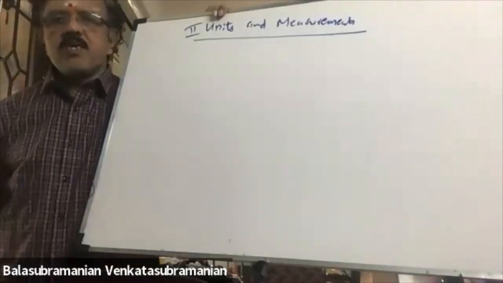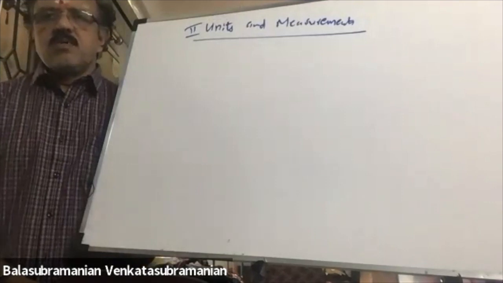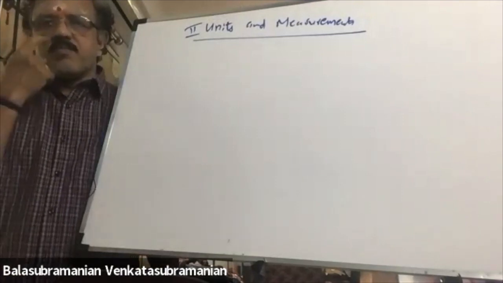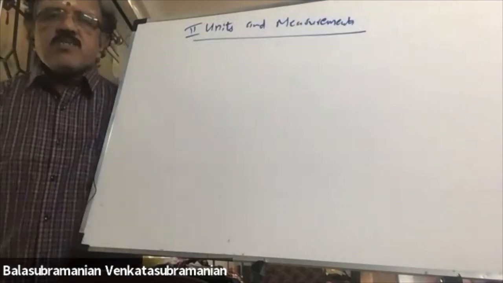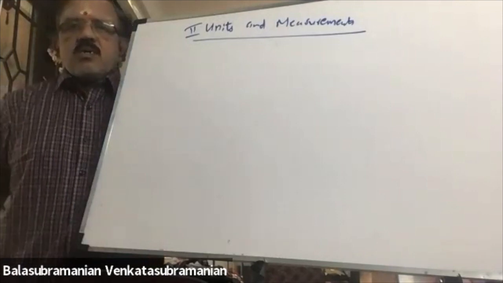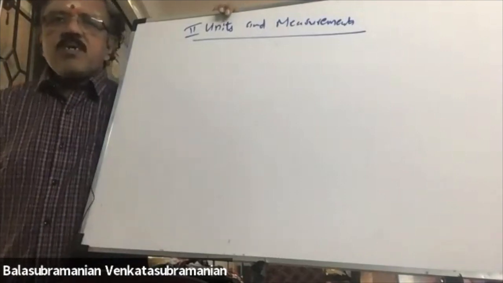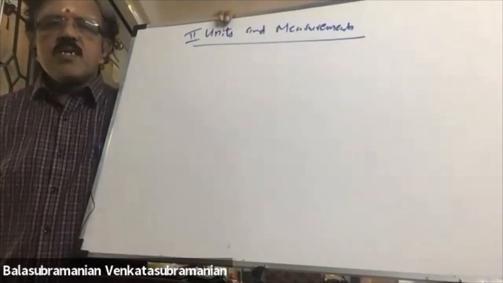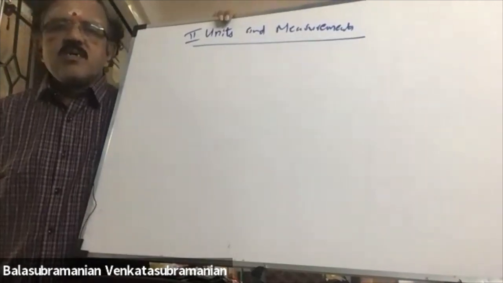Hi, we are going to discuss the second part of the units and measurements chapter. In the first part we discussed why we have to measure, the need for measurement, what a unit is, and the fundamental units and derived units.